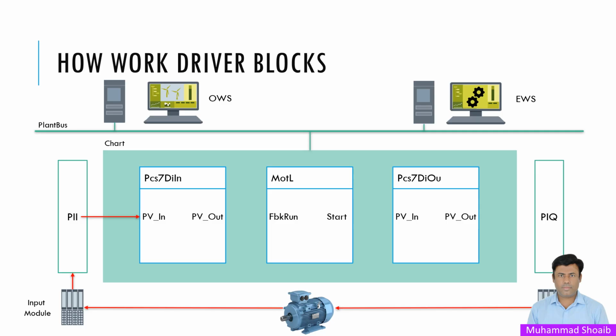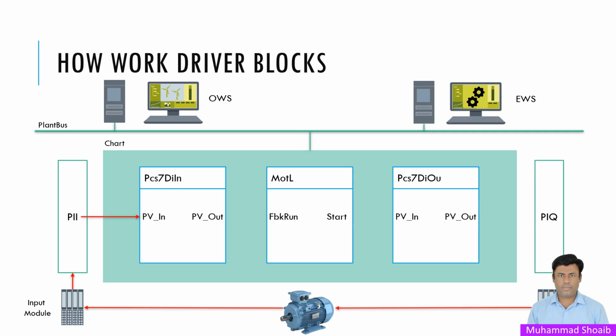So here the control block is a motor. The MOTL motor large block is a control block. The control block reads the process value from the input driver. Its logic will generate one or more control signals. For example, here you can see the start command generates one more signal, and the output driver reads the control signal from the control block, from the motor block.